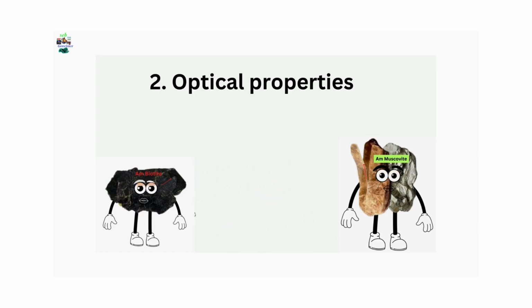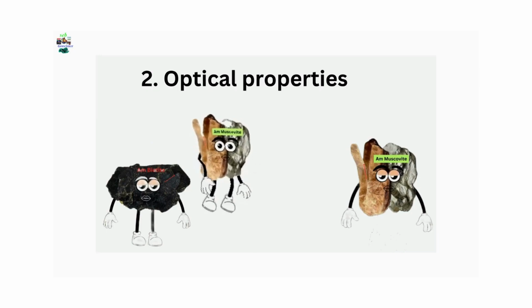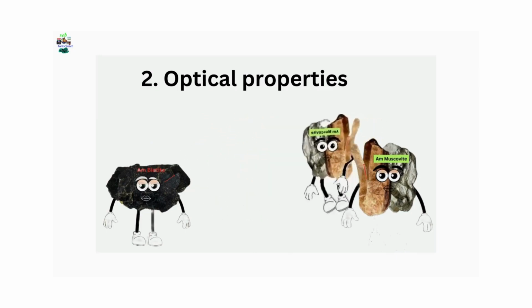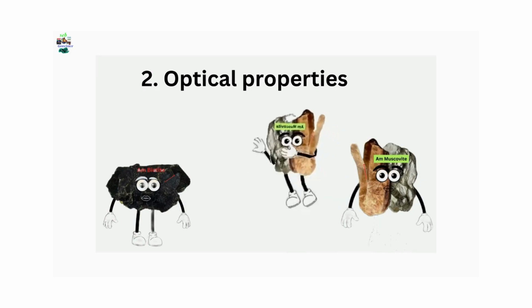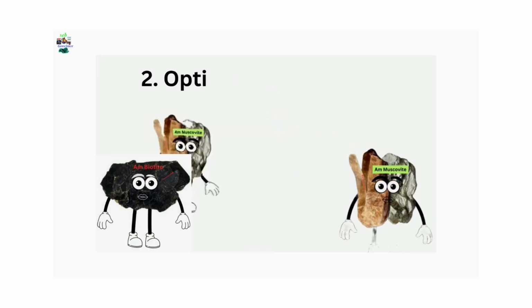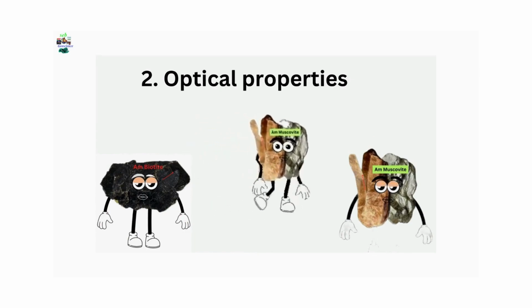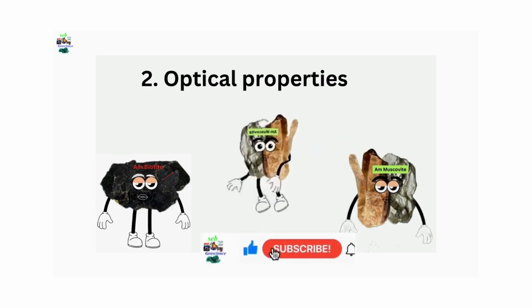To determine that mineral, we first need to know the optical properties of the mineral. If we don't know the optical properties of a mineral, it is difficult to determine minerals in the microscope. Okay, which properties do biotite and muscovite have in the microscope, or what are the diagnostic features for determining biotite and muscovite in the microscope?